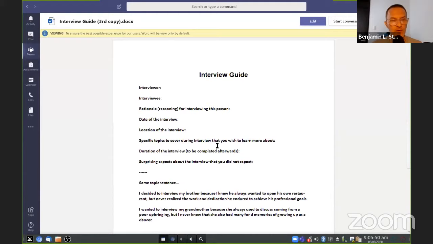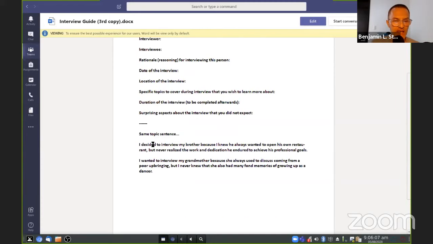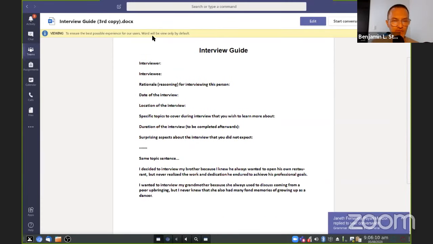And some of the information that we included is listed here. So the person that you interviewed, the reasoning why you interviewed the person. We had other information like the date and so on. But here I have an example, and I tried to take some of the information from this section in order to develop the main idea of my paragraph.